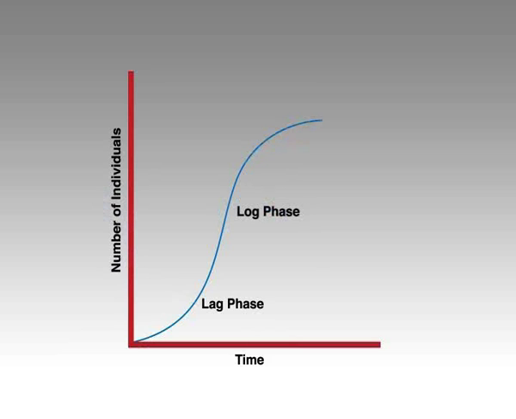The rate of growth again slows down at the third phase, called negative acceleration phase or decelerating phase. There is no further growth or no further increase or decrease beyond this phase.